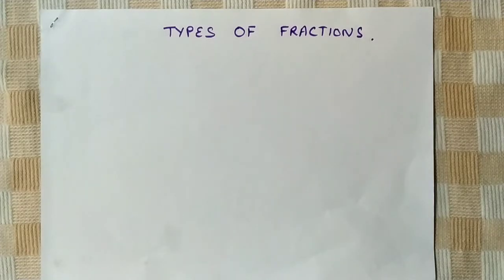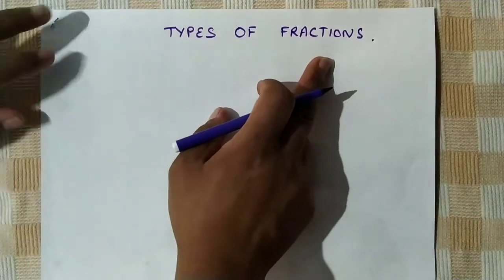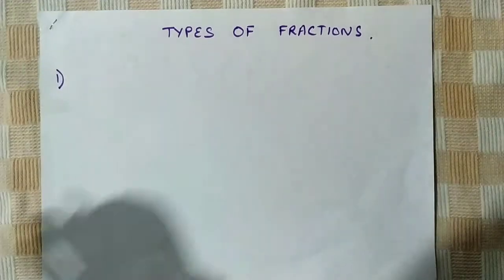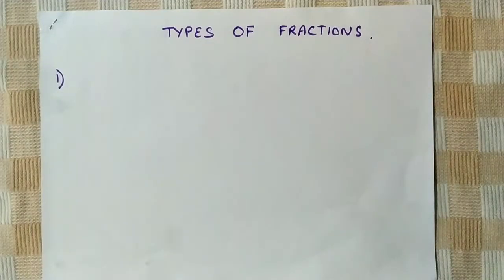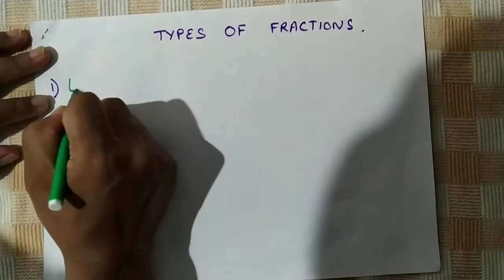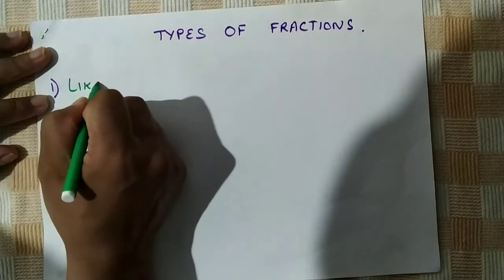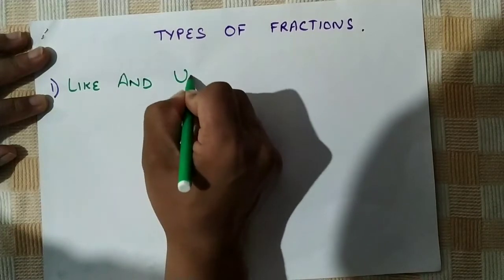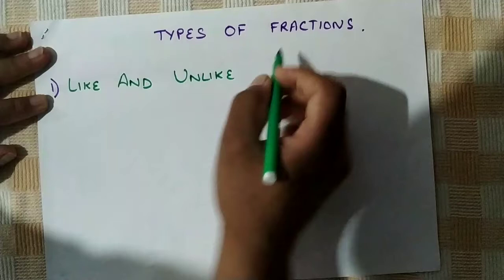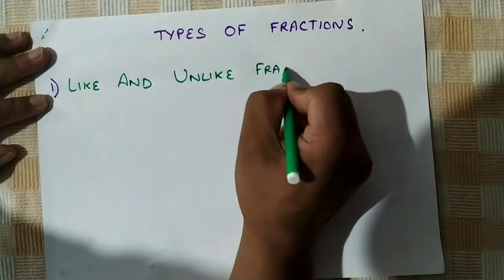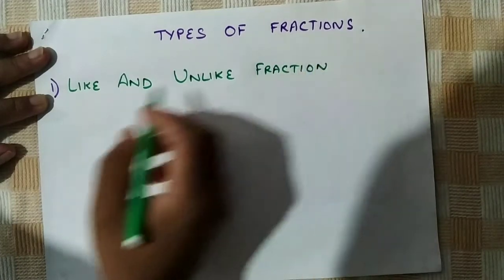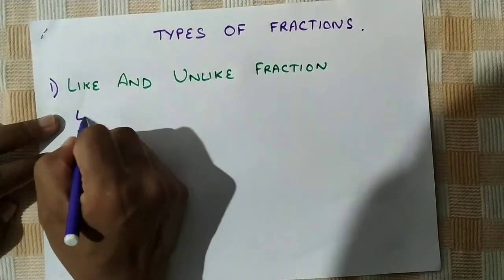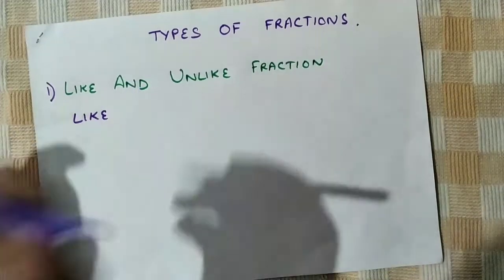So another topic is types of fractions. Number one is like fractions and unlike fractions. So number one is like. So what are like fractions?